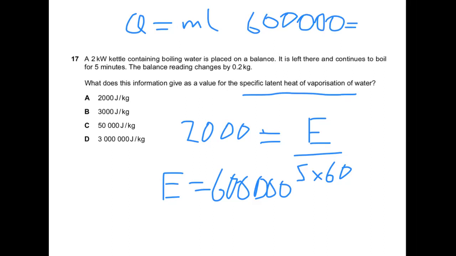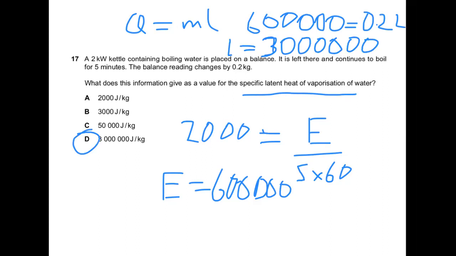Mass is 0.2 into L. Now we'll divide the energy by 0.2. So latent heat equals so D is the correct option.